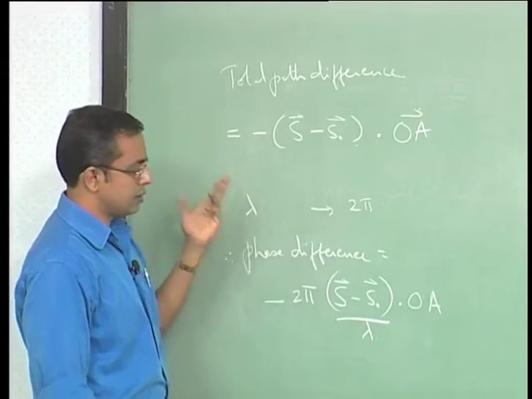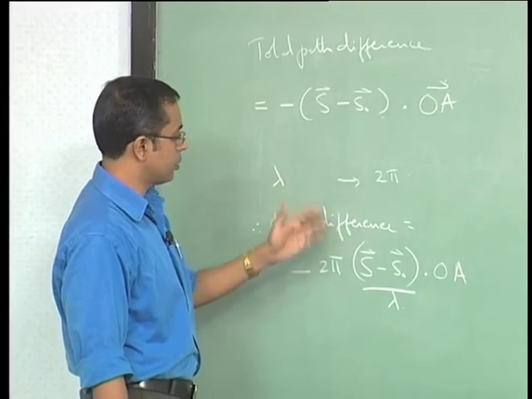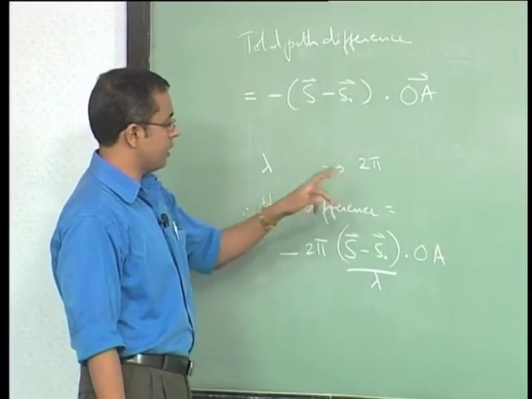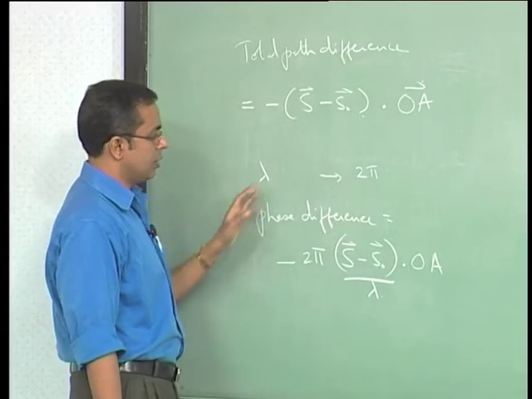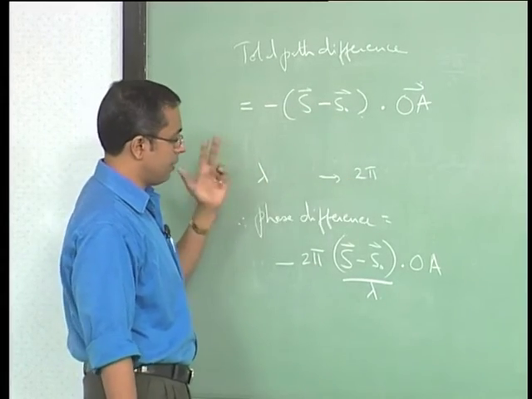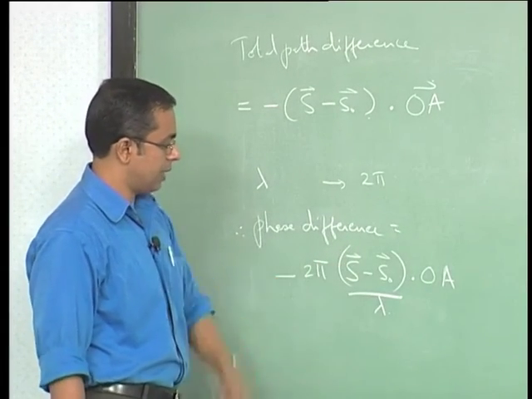Okay. So it is just a matter of proportions. A path difference of lambda gives us a phase difference of 2 pi, therefore a path difference of this gives us this phase difference, this path difference times 2 pi divided by lambda. So that is the phase difference.